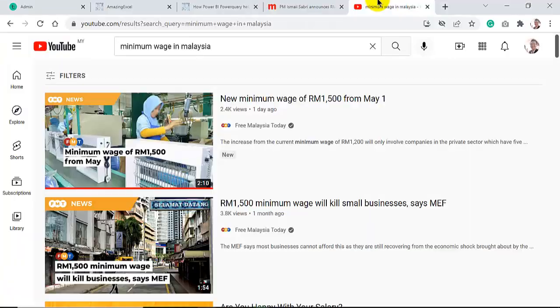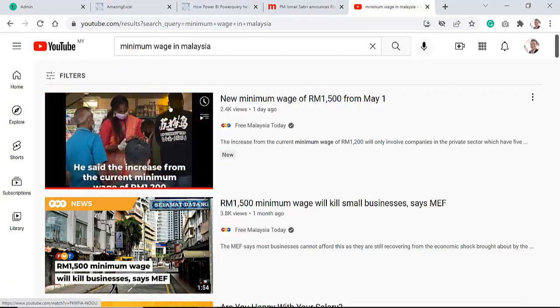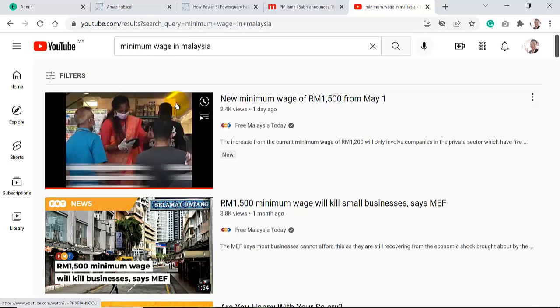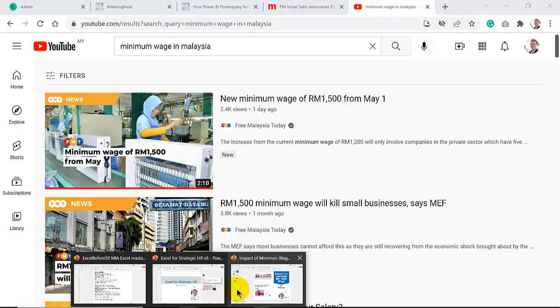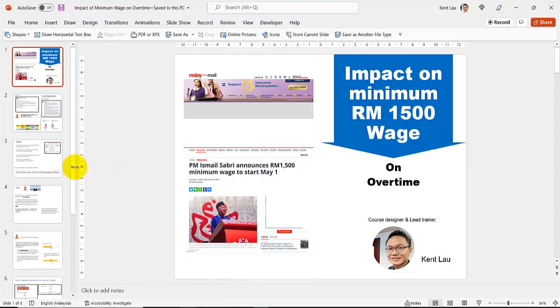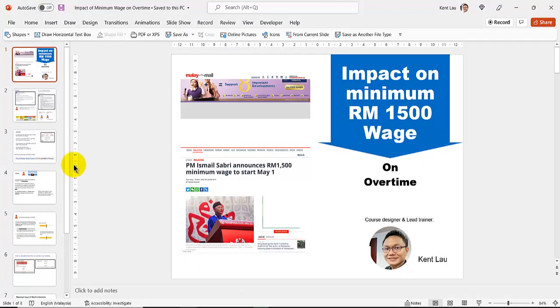If you go on Google or YouTube, you can find similar topics, but none of them talk about how to calculate exactly the change. So I find this is an opportunity, and so the impact of the minimum 1,500 wage.